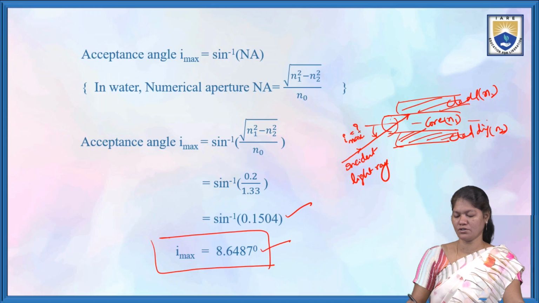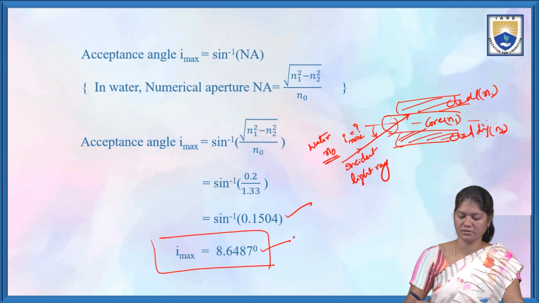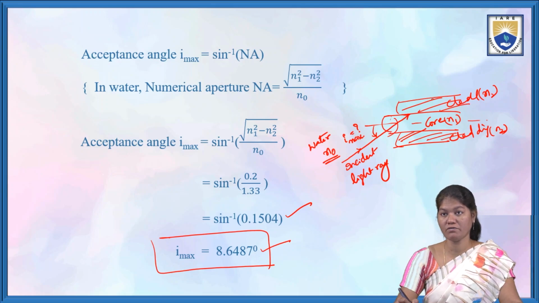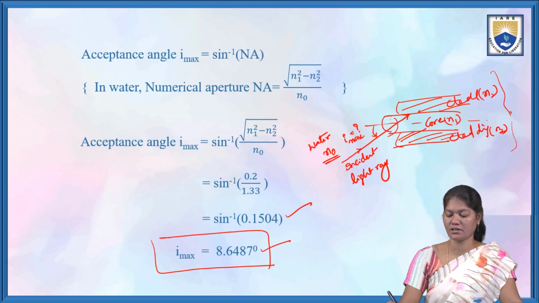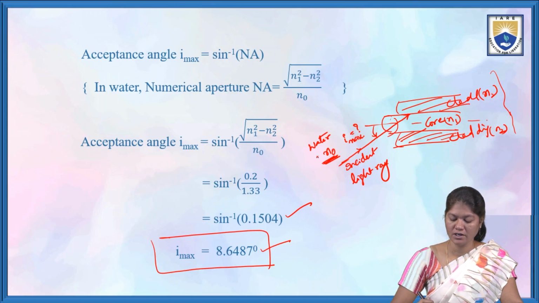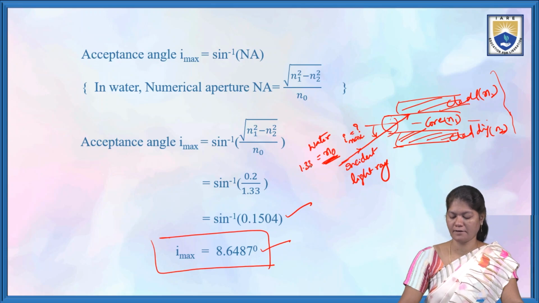Here the refractive index is N naught. The optical fiber is placed in water, so the light is entering the optical fiber from the water, and the refractive index of water N naught is 1.33.